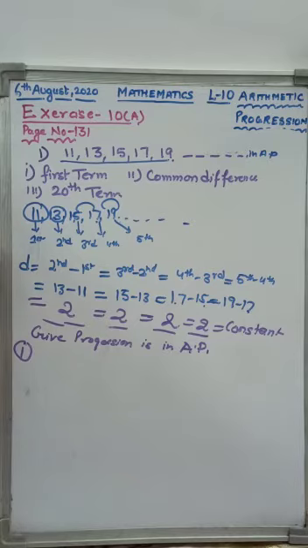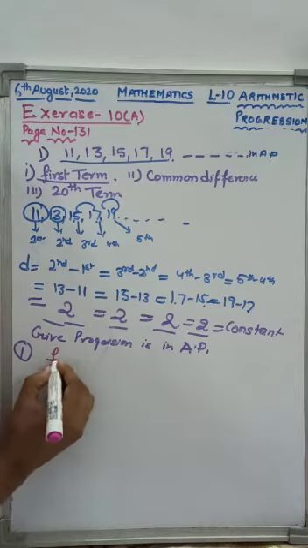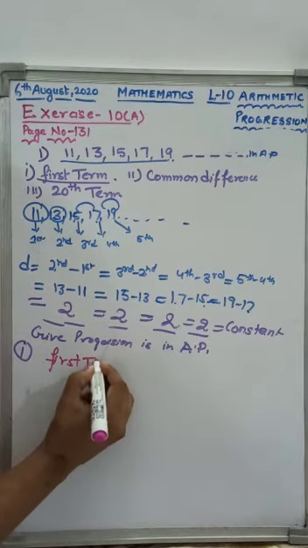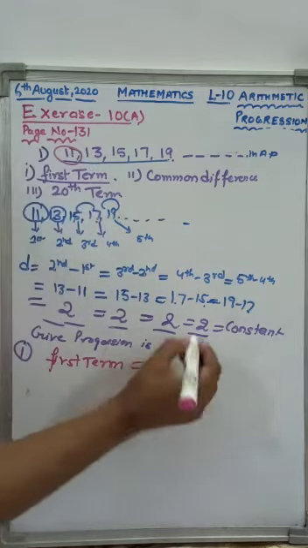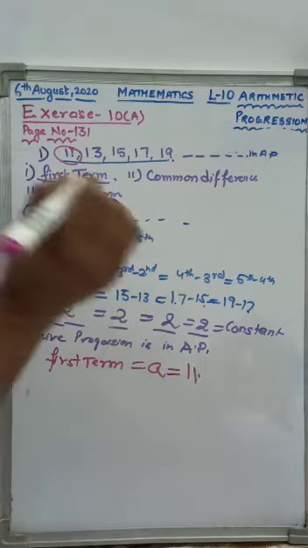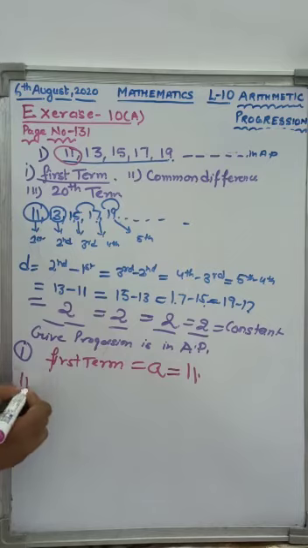Now in the question we have to find the first term. How will you find the first term? First term means first number, the first number A. So which is the first number in the series? 11. So this is your first part answer. In the second part they are asking us the common difference.